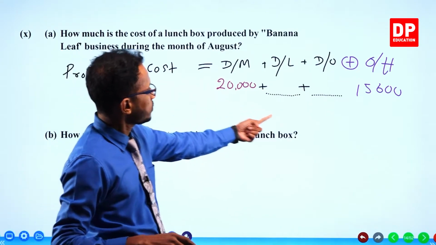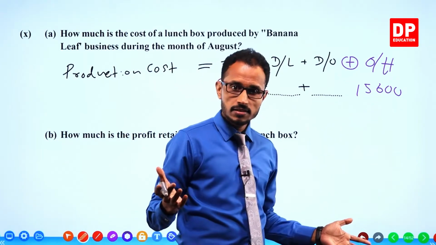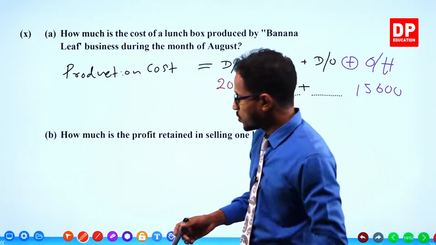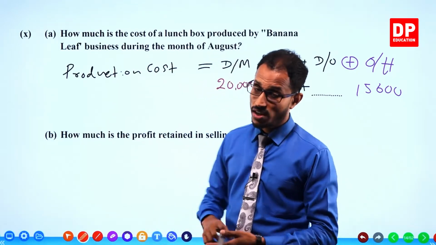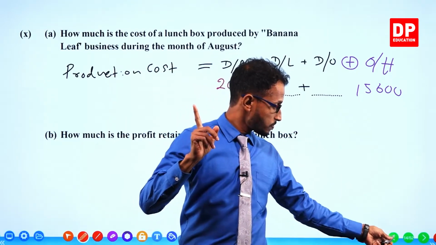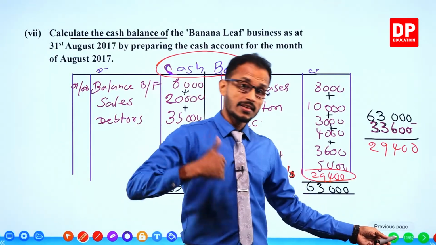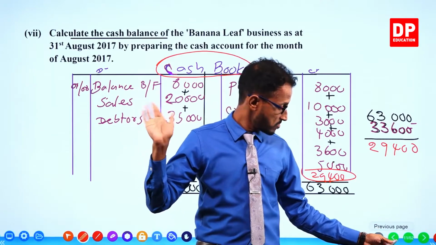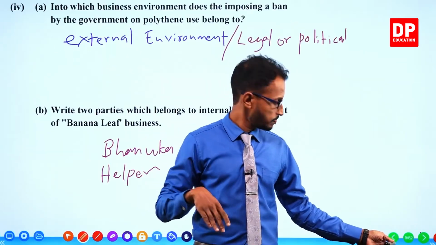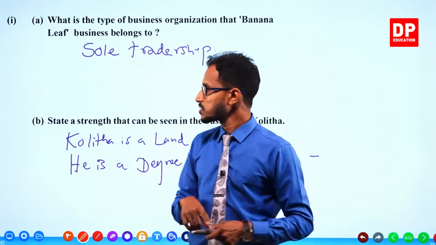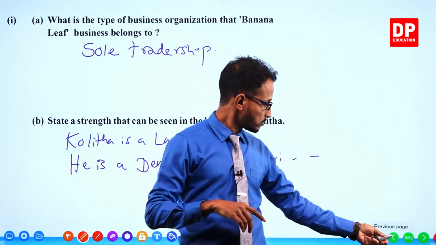Direct material 20,000 and overheads only. Do not give up the question like that. You have to go and check whether all the items you have taken are correct and any other items remaining. Let's go and check.